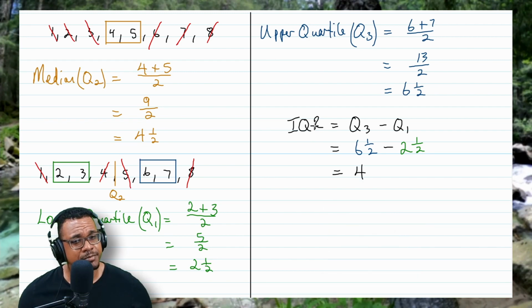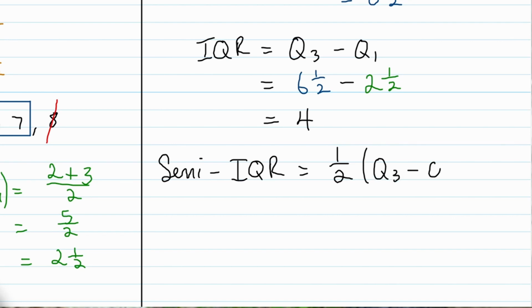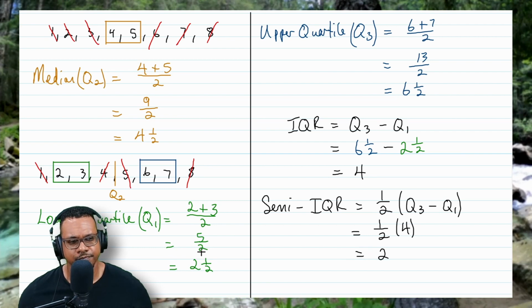And of course, our semi-interquartile range, and I'll write SIQR for semi-interquartile range, is simply a half of the interquartile range. So that's a half of Q3 take away Q1. And what I could do is just find a half of the answer I got for the interquartile range. So that'll be a half of 4, which is equal to 2.